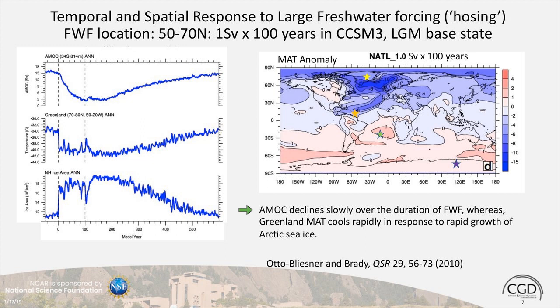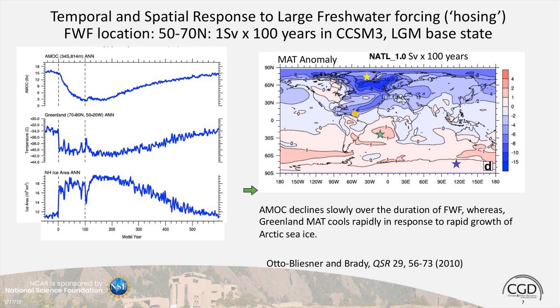These were initially done in an idealized framework because freshwater additions from melting ice sheets were hypothesized to cause changes in the AMOC, the Atlantic Meridional Overturning Circulation.